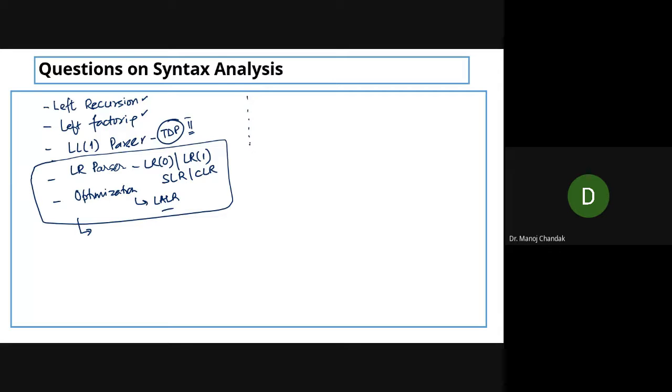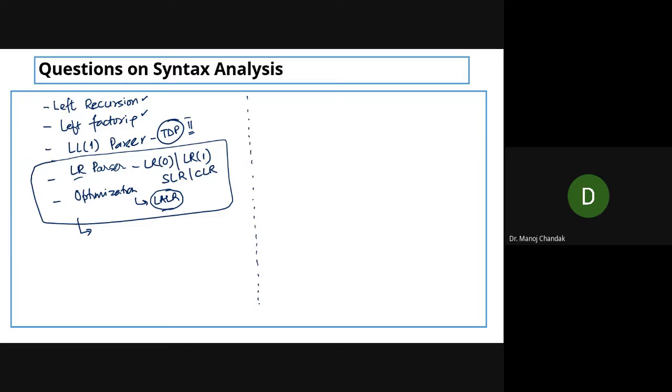Okay, so designing an LR parser is more complex than an LL1 parser, but once it is designed, it is more efficient and faster. Okay, and you can also do some optimization on an LR parser, and that optimized LR parser is called LALR.